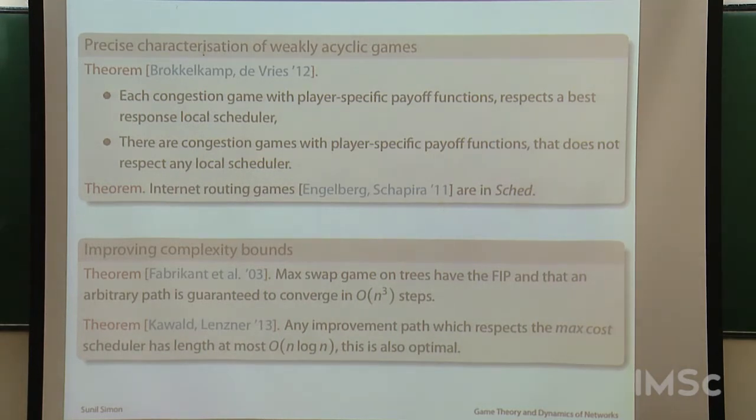But if you define a particular scheduler and look at the path which follows that scheduler, then that path might be much shorter. For this particular class of games, you can define a particular scheduler where the improvement path is at most order n log n, and it's also optimal.